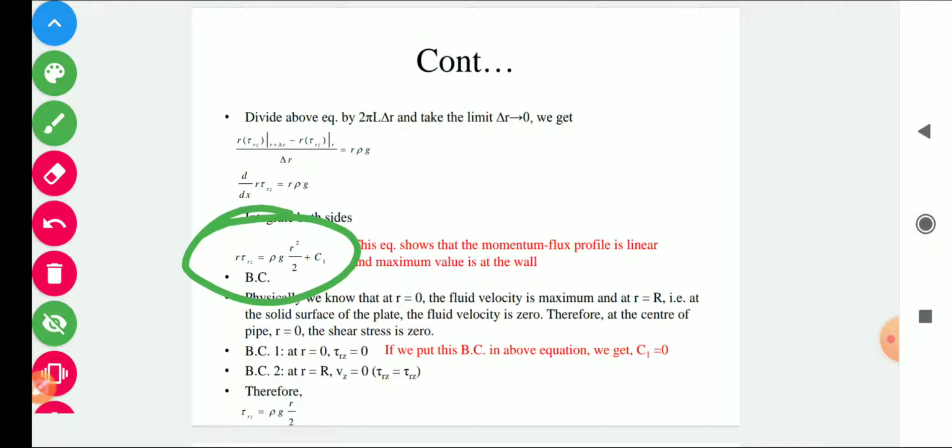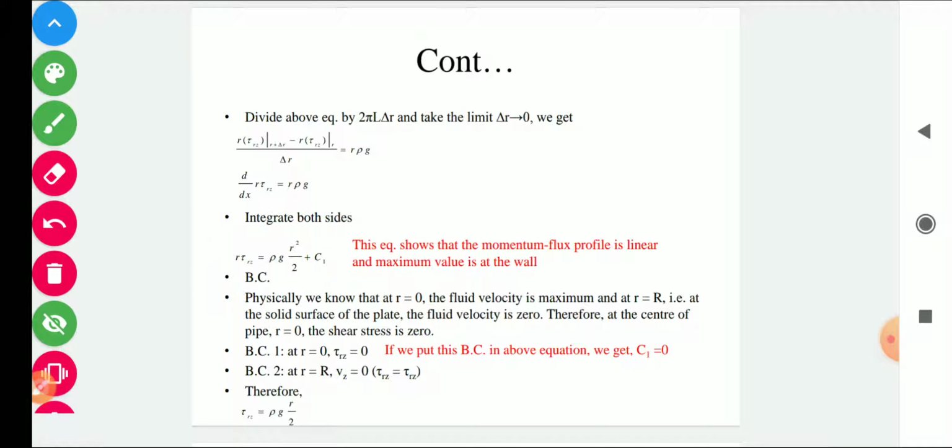It means the momentum flux profile will be linear, and this value will be maximum when r equals capital R, the radius of the pipe. The profile is linear and the maximum value is at the wall.